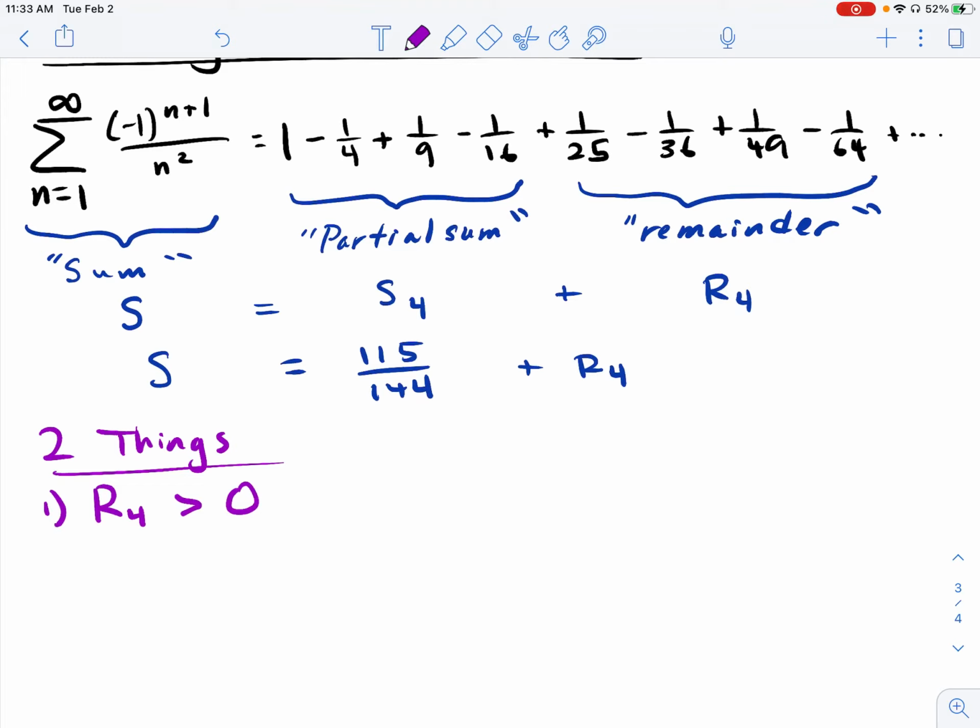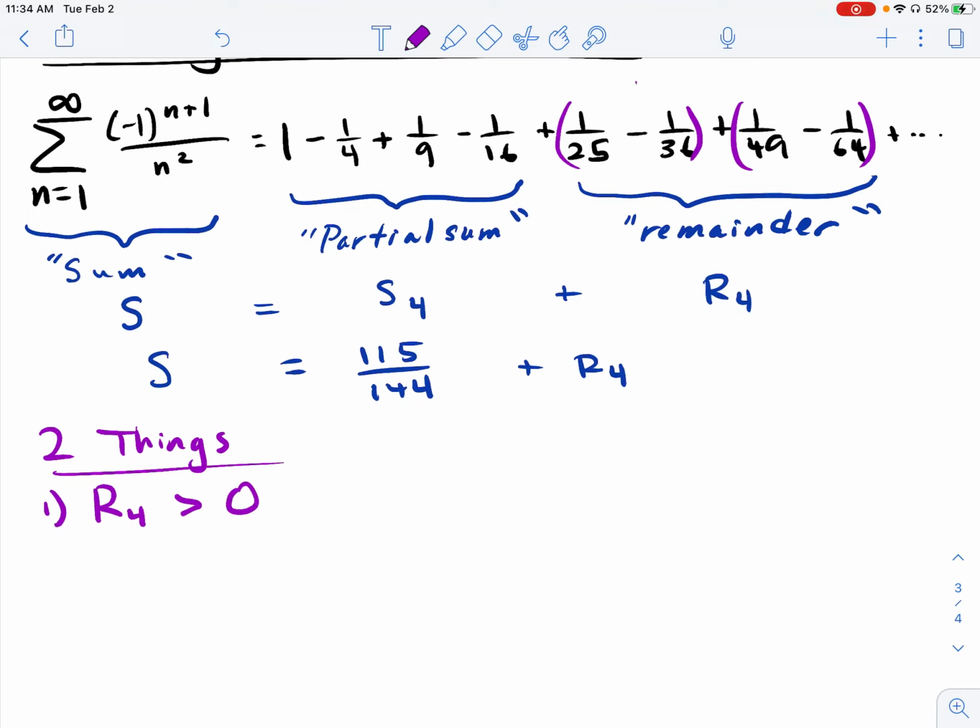Well, hopefully you've had an opportunity to think about that. One way of viewing our remainder is to see it as the difference of a bunch of pairs of numbers. Look at the way I've just paired it. I have 1 over 25 minus 1 over 36. I'm taking a value and subtracting from it a smaller value. I know it's smaller because my numerator is the same, but my denominator is larger, which makes the whole ratio smaller.